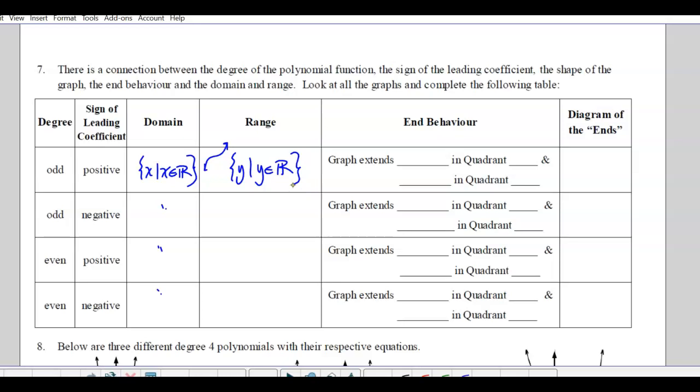Okay. And if it's a positive leading coefficient, it's going to end in quadrant 1, right? If we think about that. So, and then diagonal quadrants, it's going to be down and up, or up and down, whichever you want to put first, but they're going to be opposites. If it's a positive leading coefficient, it's going to be down in quadrant 3 and up in quadrant 1. And here's a space where we can put the, so here, I'll put it in red, ends, and the ends.